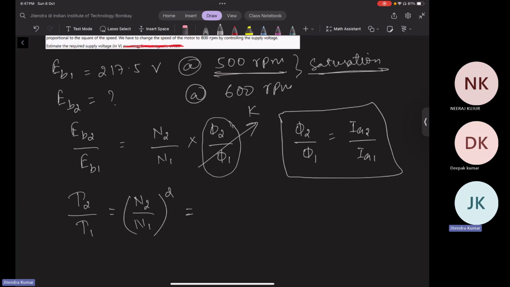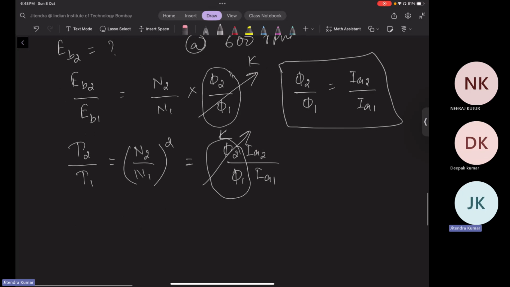Now there is another expression, K phi IA, so phi 2 into IA2 divided by phi 1 into IA1. Again, the fluxes are constant, so we remove them from the picture. So now IA2 by IA1 is equal to N2 by N1 square.